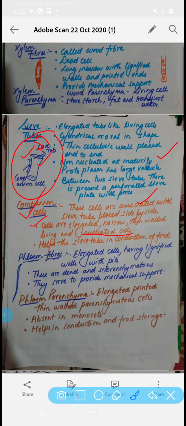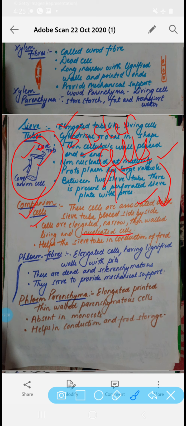After maturity, sieve tube and companion cells share their nucleus. The companion cell shares its nucleus with the sieve tube. Therefore they are also called sister cells, because they share their nucleus with each other.